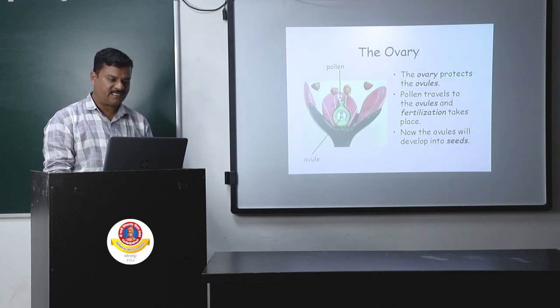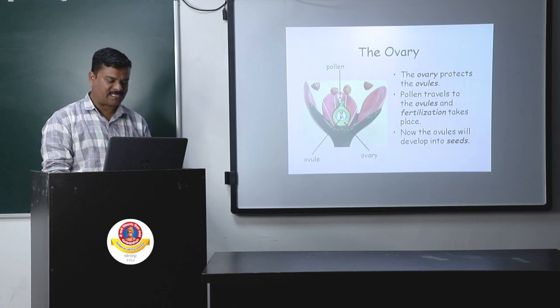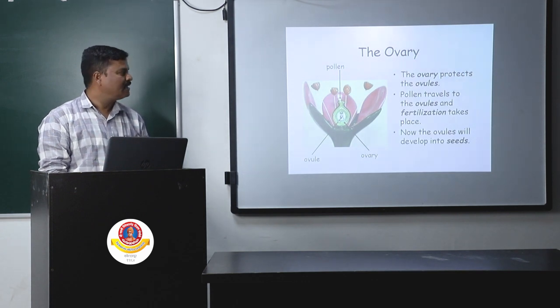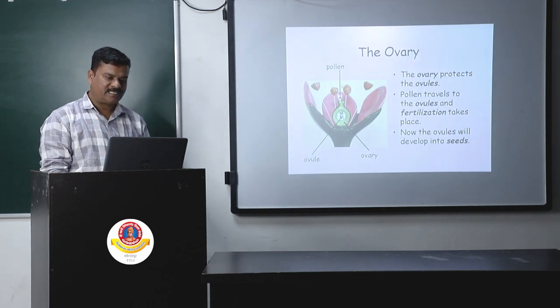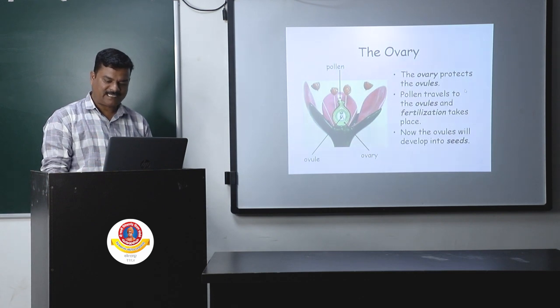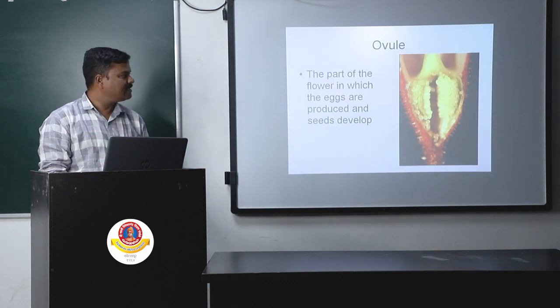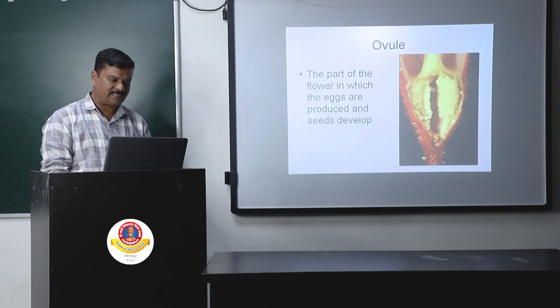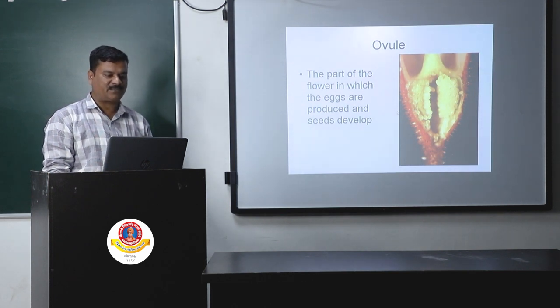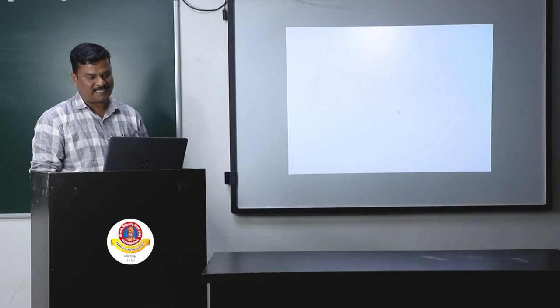So the pollen grains get transferred through the stigma to the style and finally to the ovary. In the ovule, the pollen grains fertilize, and the final product is the seed. The ovule is the part of the flower in which the eggs are produced and the seeds are developed.